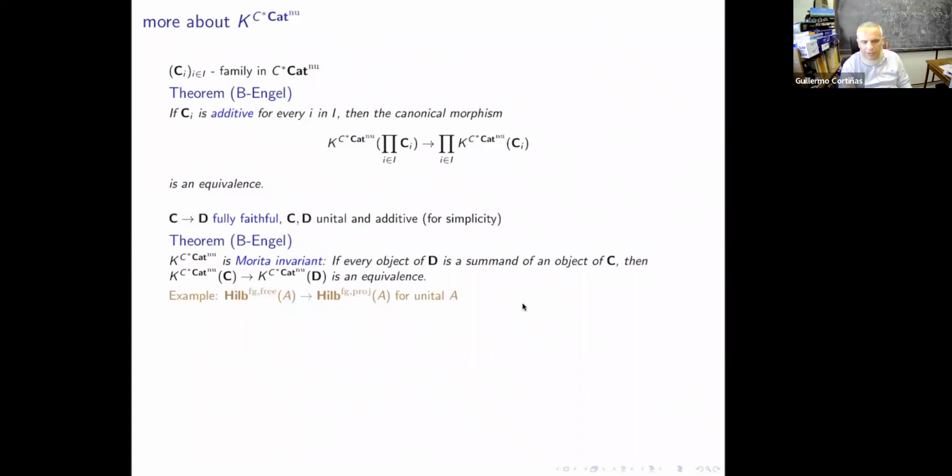There you just define the K-theory of a ring as the K-theory of a linear category.